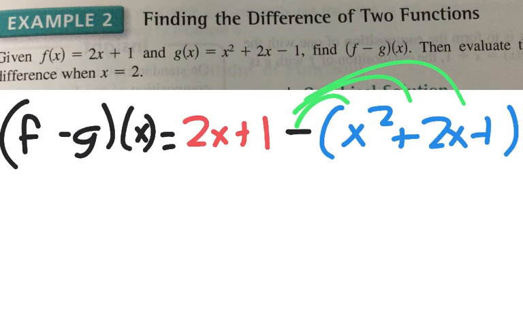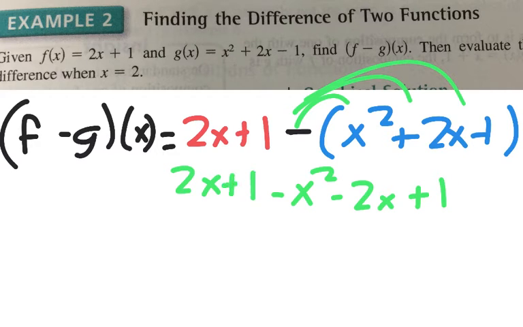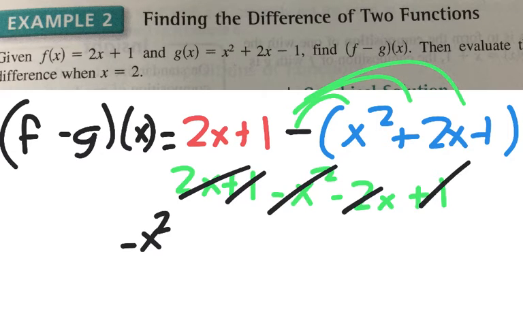Now the important thing here is we're going to have to distribute that negative. So this is a negative x squared, a negative 2x, and a positive 1. And now then combine my like terms. So negative x squared, I have nothing like that. 2x minus 2x cancels. And then plus 1 is plus 2.